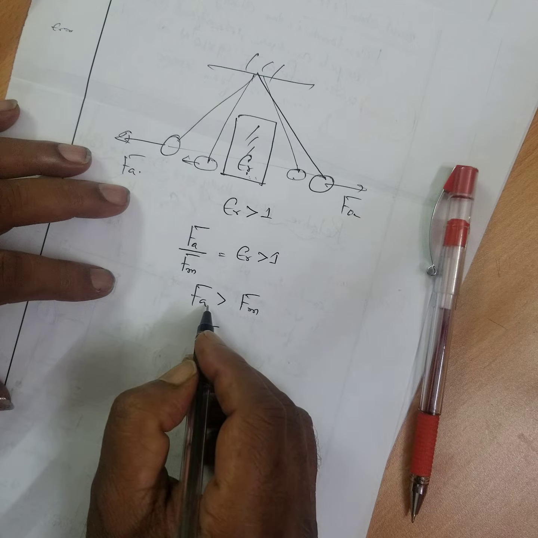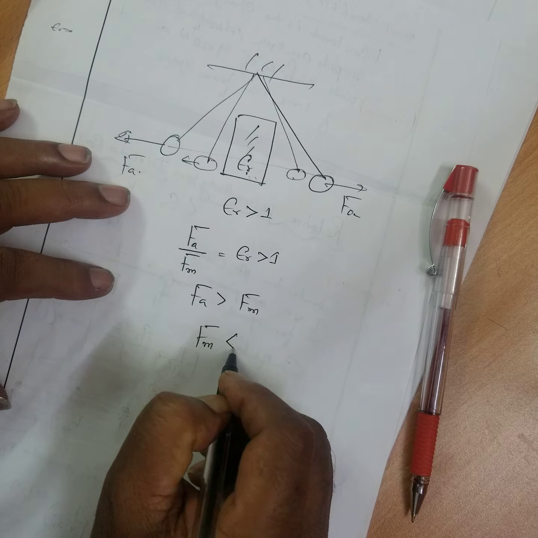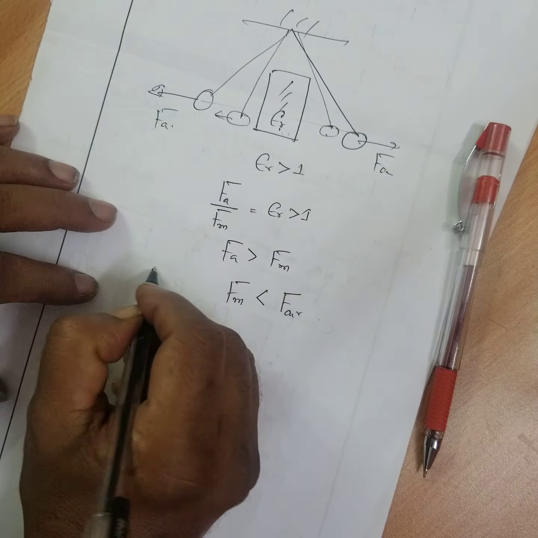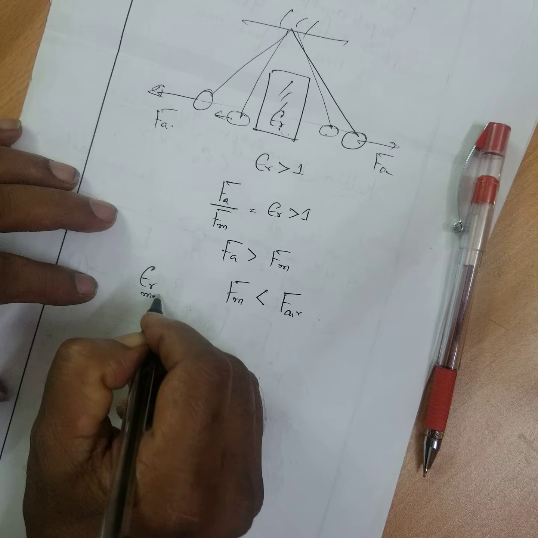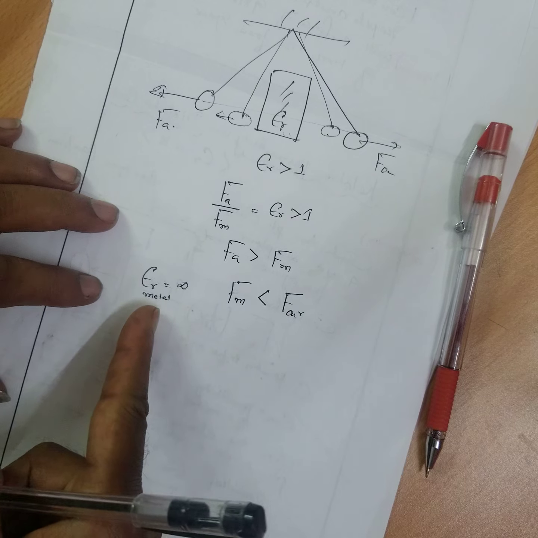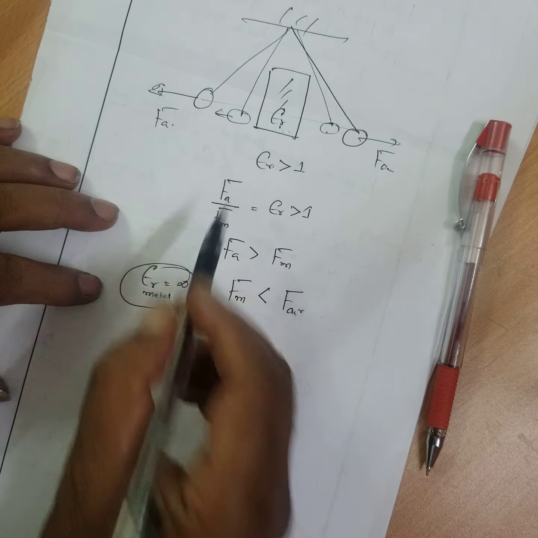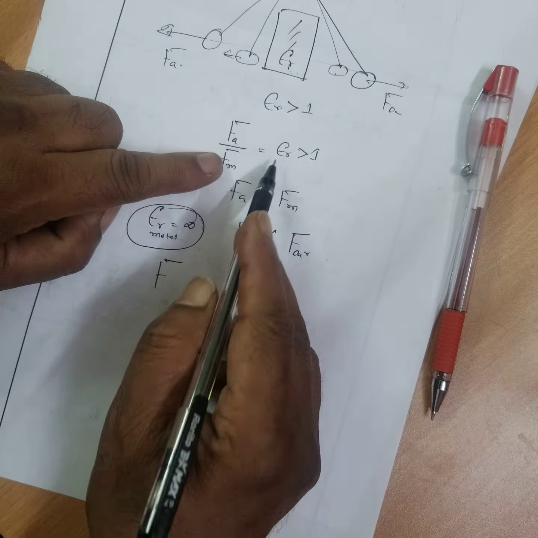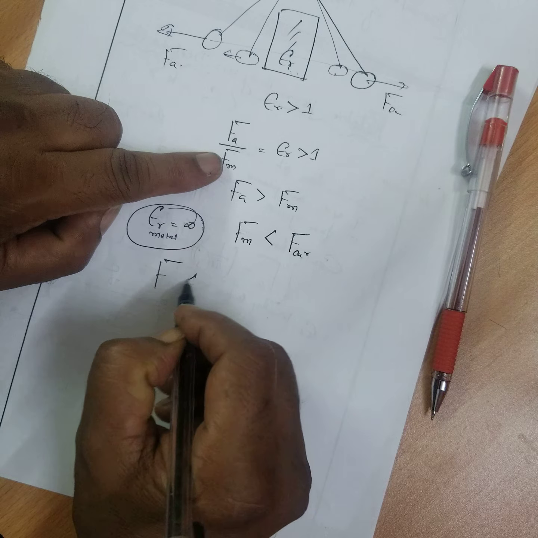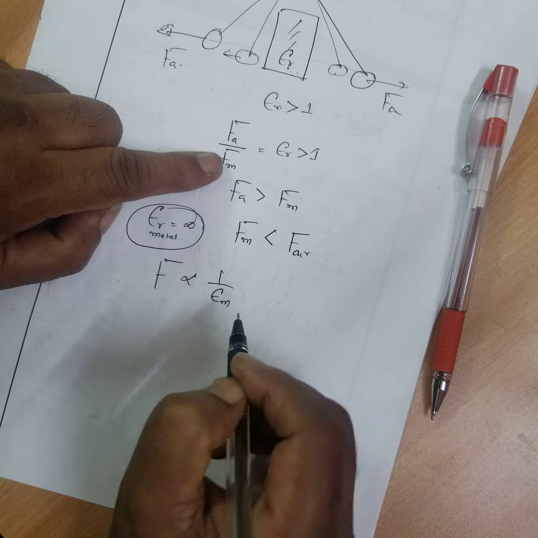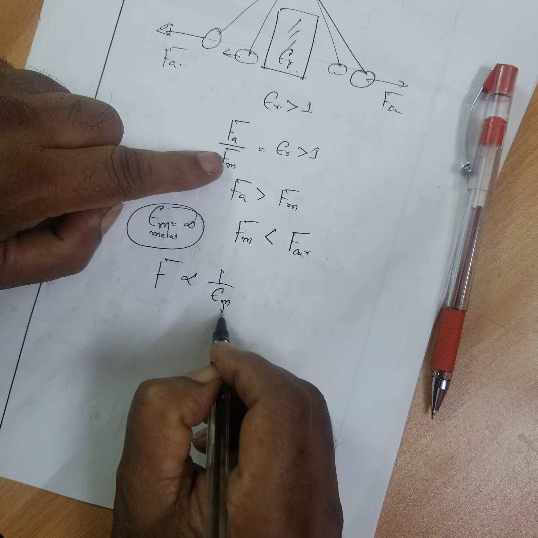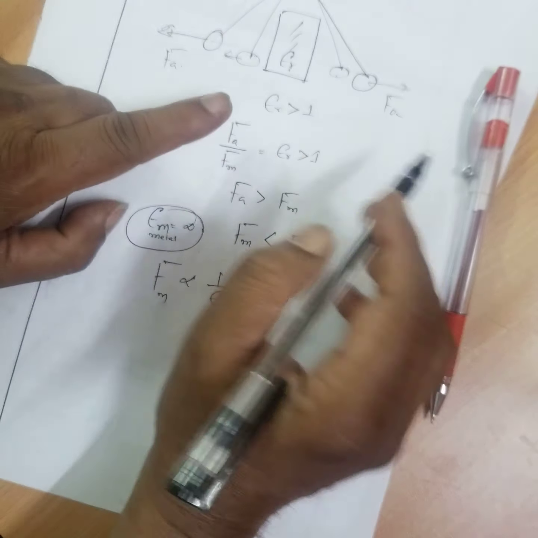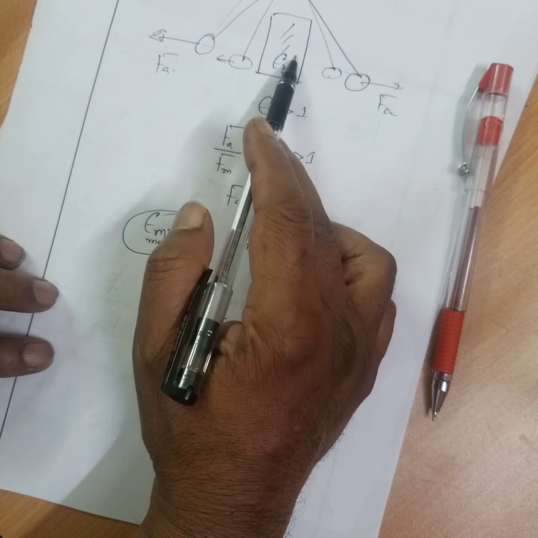The force in medium is less than force in air. Now, if you keep a metal, for metal, it is infinity. In that case, force is inversely proportional to epsilon of the medium. For the medium it is infinity. Therefore, force will be 0. Nothing will happen if you keep a metal in between.